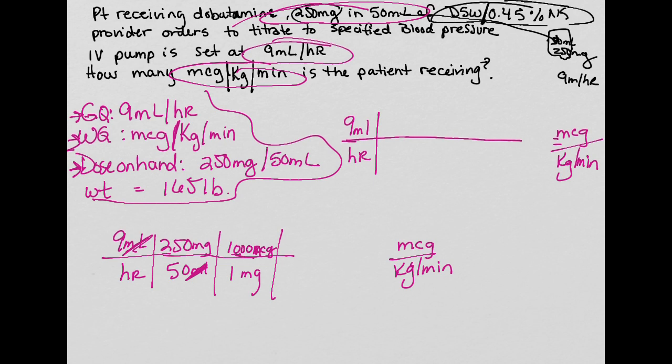So now I'm at micrograms. So I can now cross out this milligram. All right, so I have what I need up here, the 1,000. So this one's ready to go, but I don't think I'm done here because we need to do kilograms per minute. So I know 1 hour is 60 minutes. All right, so I got minutes taken care of. I can cross out this hour.